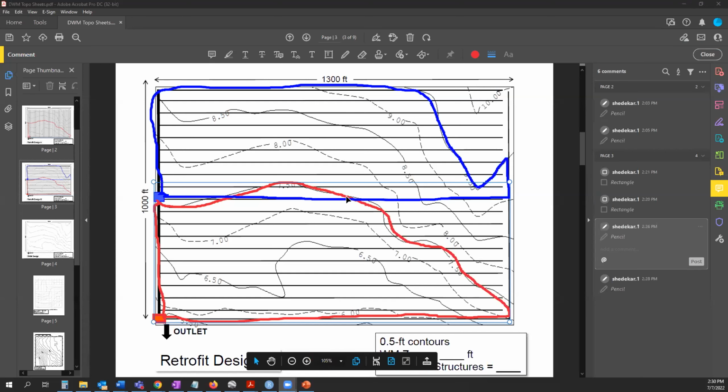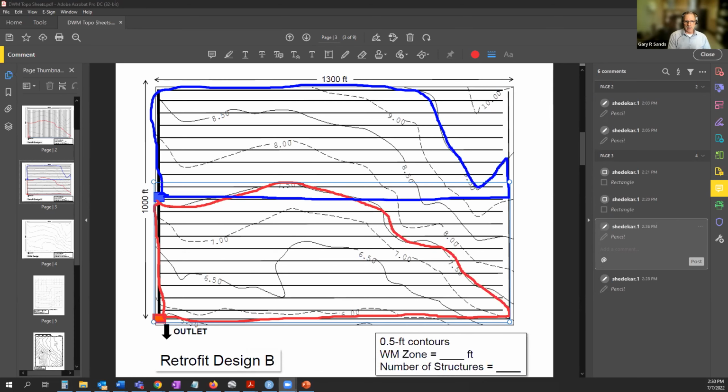I can do a screen share if it helps. Yeah, go ahead and do a screen share if you can. Talking about this red line right here. Yep. So if you're controlling this structure and this structure at the same time. Yeah. So when I sketch these out on my own, I would just circle that area and say, okay, we have a little bit of a crossover here.